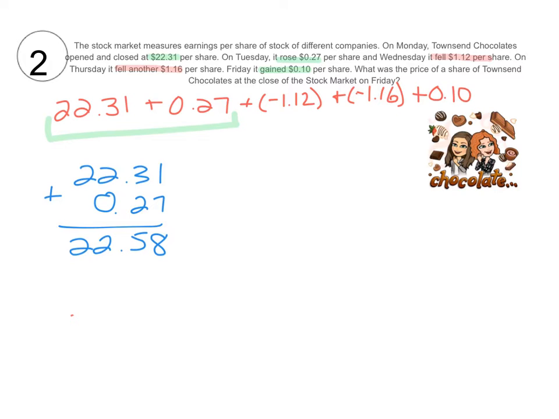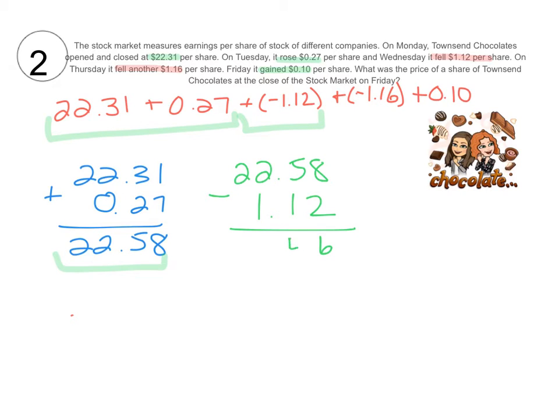Now, if we look here, we've got our new number, and we are going to add a negative to it, which, just like we said, is the same thing as subtracting. So we've got 22.58 was our new number, and we're subtracting $1.12 from it. Again, our signs are different, so we're going to subtract the numbers. So when we do that, we get 6, 4, 1. So 21.46 would be our new number. So with our 21.46, we are going to do the next part.